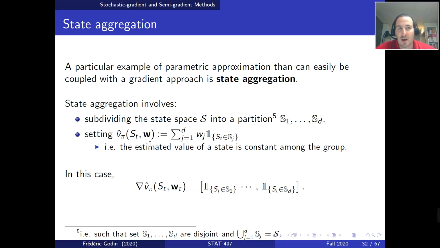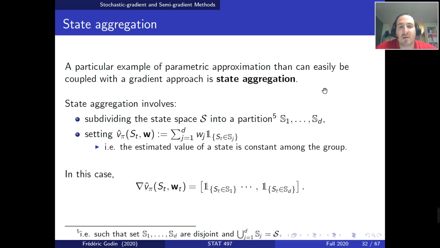So the first family of functions that we're going to propose are sets of functions that are worth either 0 or 1 depending on which state we are in. And these will be basic building blocks for state aggregation.